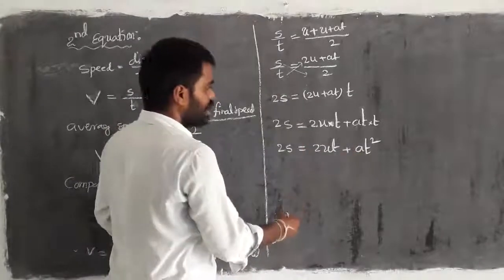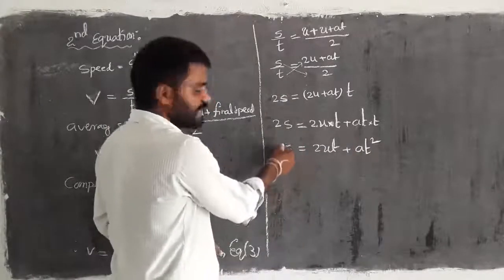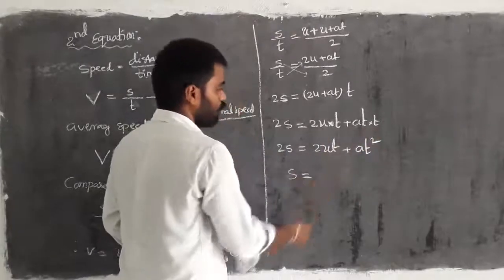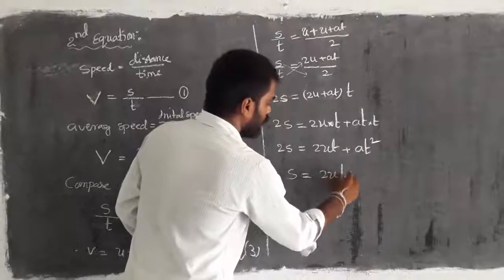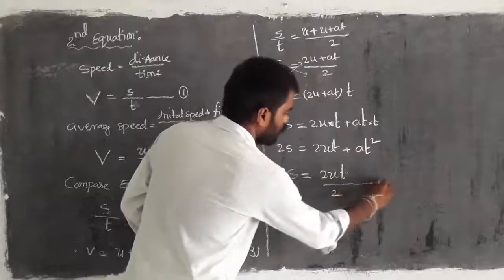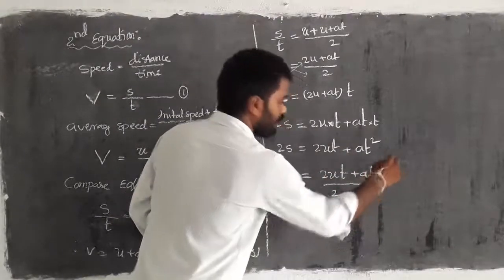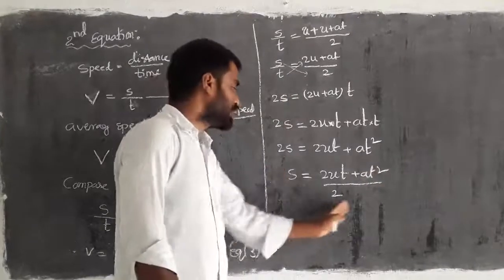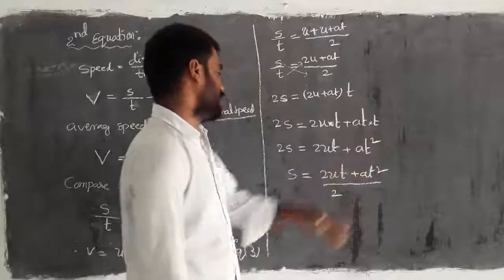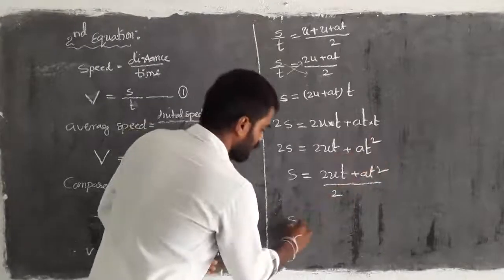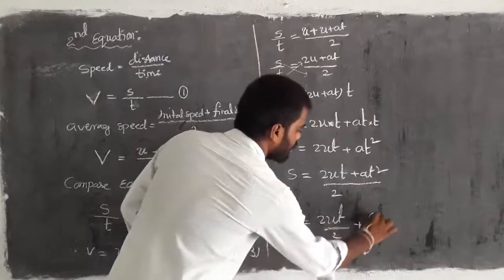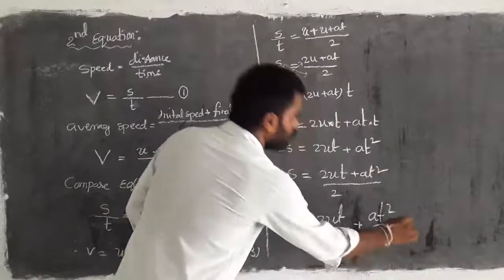Then here, whatever the coefficient is there, take it to the right side. Then s is equal to 2ut by 2 plus at square, right? Whatever the multiple number is there, simply divide the total equation. Then you have to separate it. s is equal to 2ut by 2 plus at square by 2.